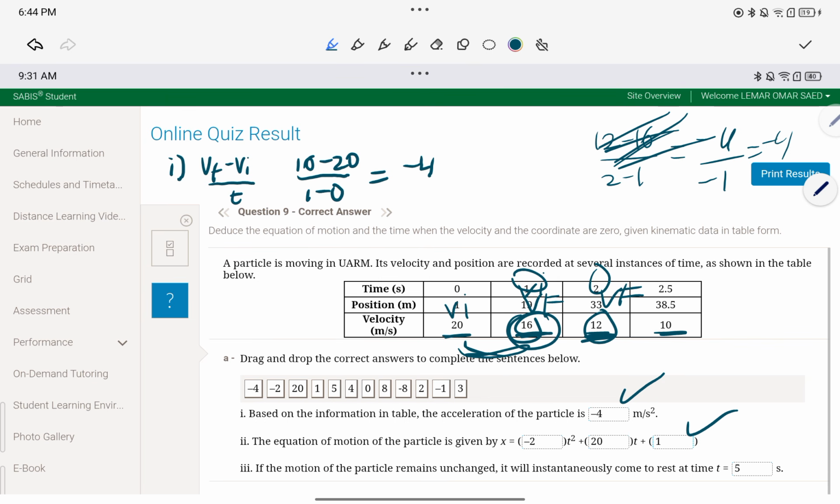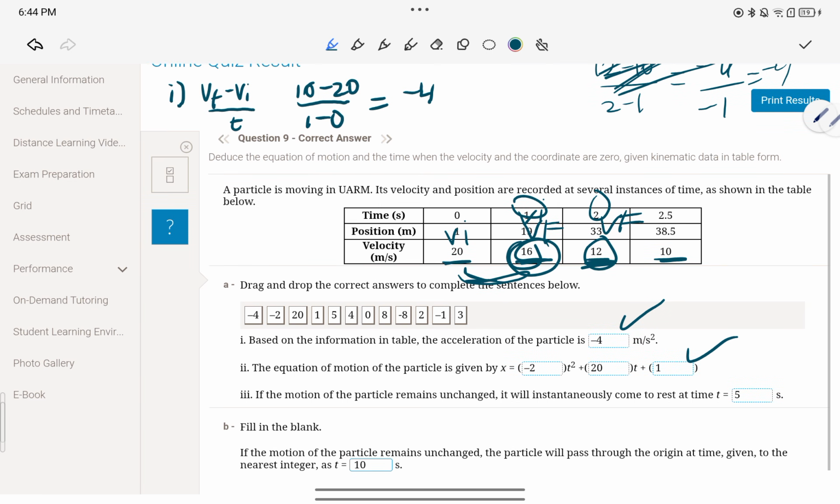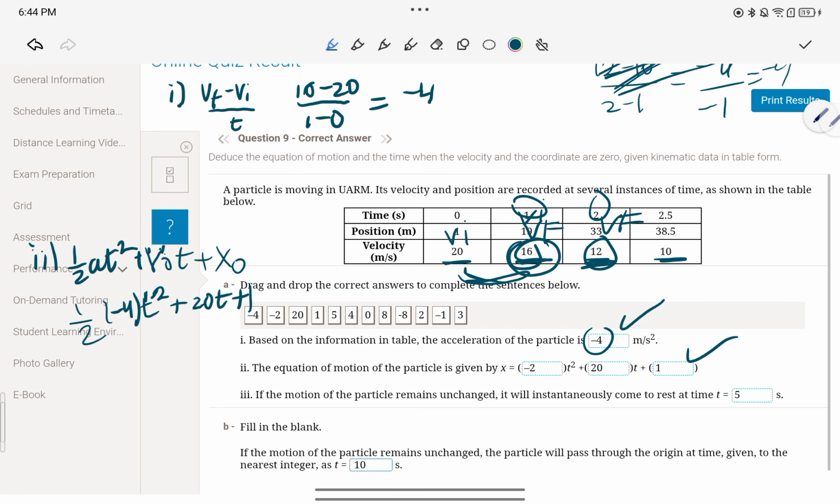Now here they want us to make an equation for them. So we're going to use 1 over 2 at squared plus v initial t plus x initial. 1 over 2, we already found the acceleration, which is -4, t squared, we leave it, t squared plus 20t plus 1.